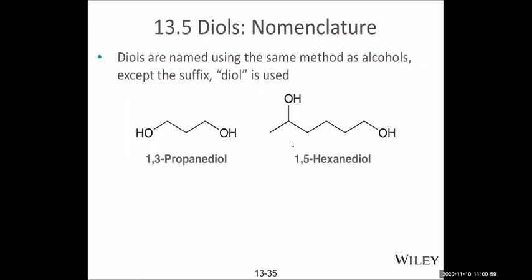Diols. The diols have 2 hydroxyl groups in the molecule, and so for the naming, we focus on the location of the 2 hydroxyl groups. This one has 3 carbons, so the parent will be propane, and positions 1 and 3 have a hydroxyl, so 1,3-propanediol. And when you have 6 carbons and the hydroxy groups are not symmetrical, then you need to keep the hydroxy group at the lowest locant possible.